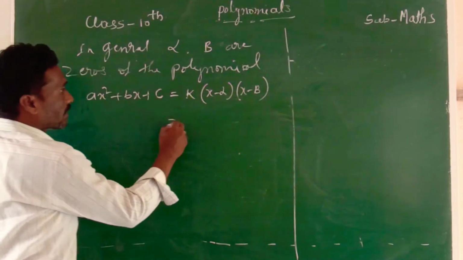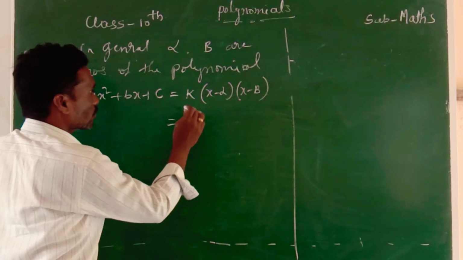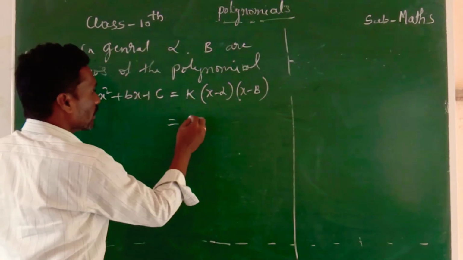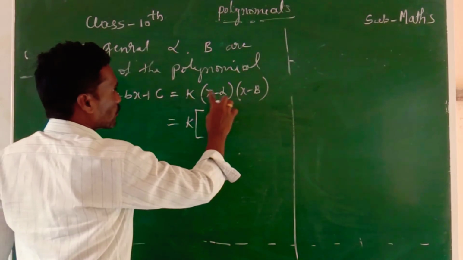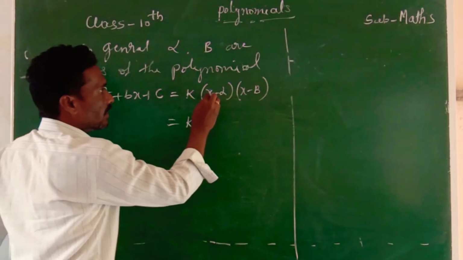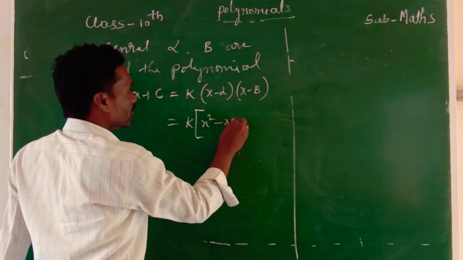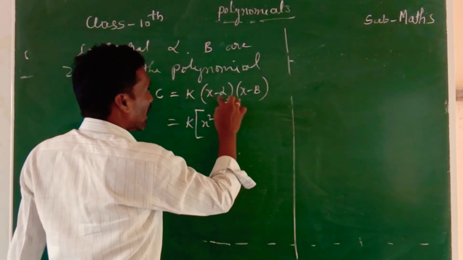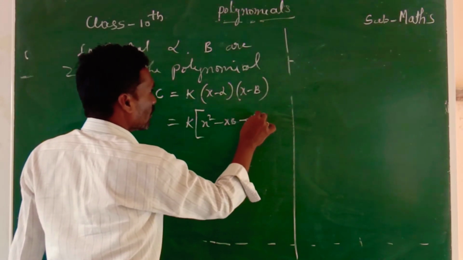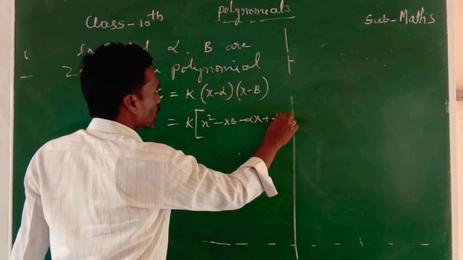If you multiply this, taking k common outside: x into x is x square, x into minus beta is minus beta x, and alpha into x is minus alpha x, and minus into minus is plus alpha into beta.